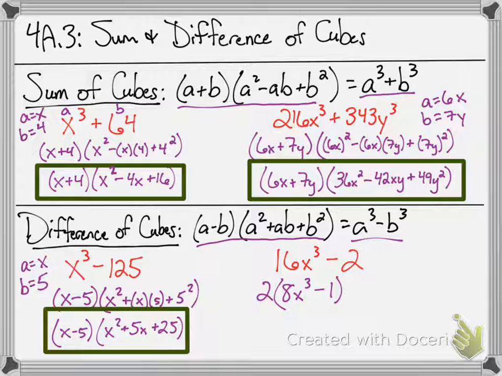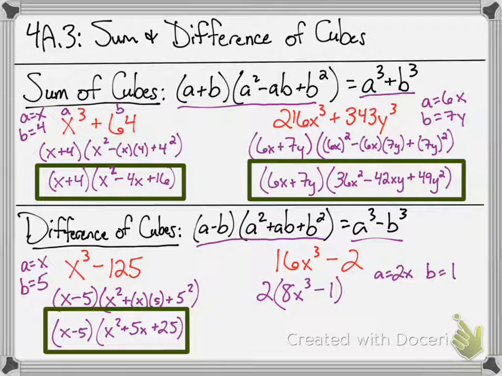Now I can use that pattern and break it down using the factoring pattern we see up above. So I'm going to focus on the 8x cubed minus 1 to get my A and my B value. So 8x cubed is going to be my A. Okay, we're going to cube root that. We'll get 2x. Cube root of 1 is going to be 1. That'll be my B value.